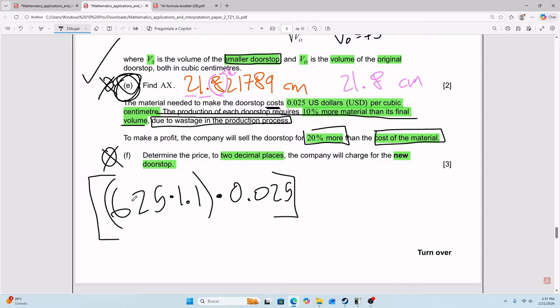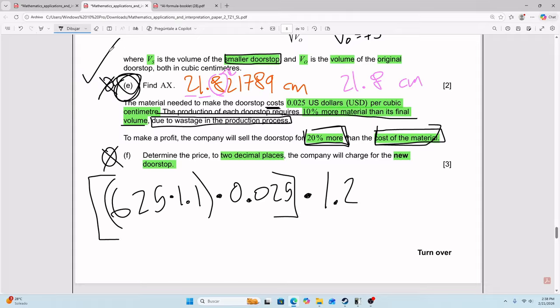So this is my original volume, which has to be 10% more. And how much does it cost? It costs 0.025 per cubic centimeter. So that is like the stage I'm at. And all of this, we will be selling it at 20% more than the cost of the material. So because all of this is the cost of material, now I just have to multiply by 20% more, which would be 1.2.